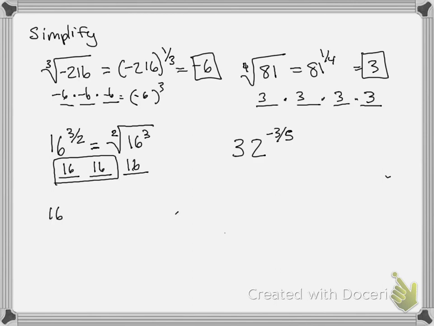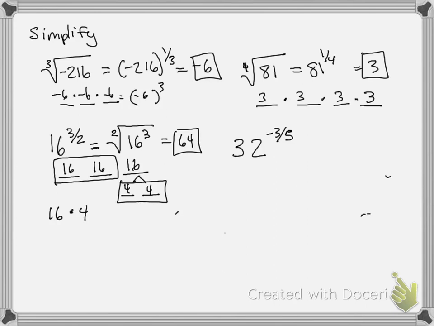And that third 16 could be 4 times 4, so I'll pull that pair out. And 16 times 4 is 64. So 64 is going to be the same value as 16 to the 3/2 power.